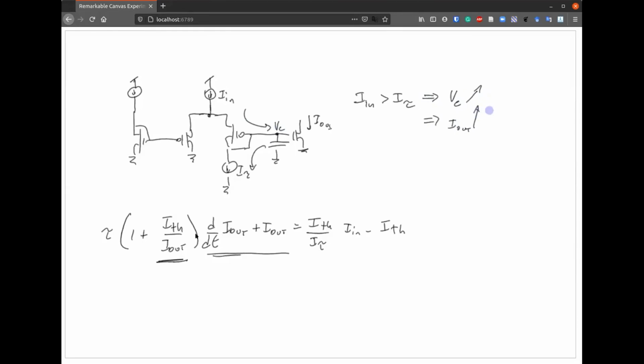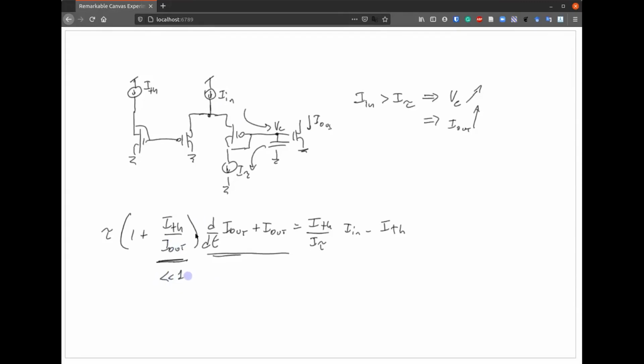And I threshold, which is here, is constant. And here we have I threshold over I out. So we have something that's constant divided by something that, if we just keep on stimulating, is growing and growing and growing. So at some point, I threshold over I out will become much less than 1.